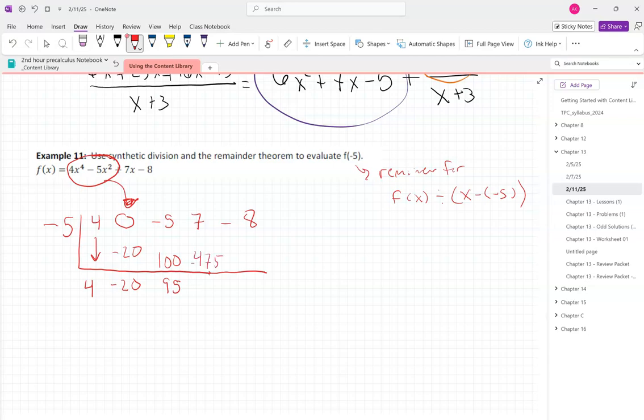It's negative. So again, if I just do the synthetic division, that remainder at the end is going to be the same as the substitution, which is probably preferable because I don't want to do -5 to the 4th times 4.